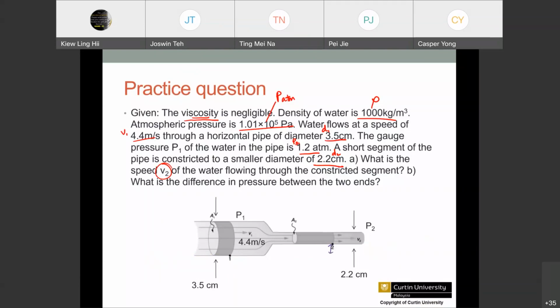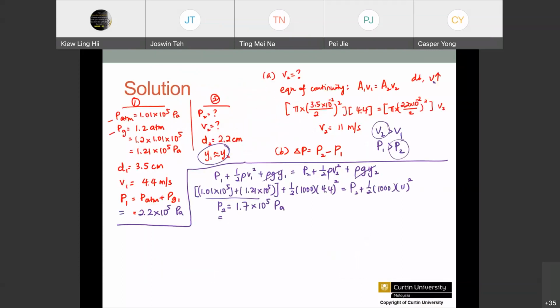If the distance is too small, usually we just assume they are the same, because the difference is not significant enough to change the pressure, compared to the effect of the velocity. In this case, the velocity difference is quite huge, so the change in pressure caused by velocity is much more significant than that caused by elevation.